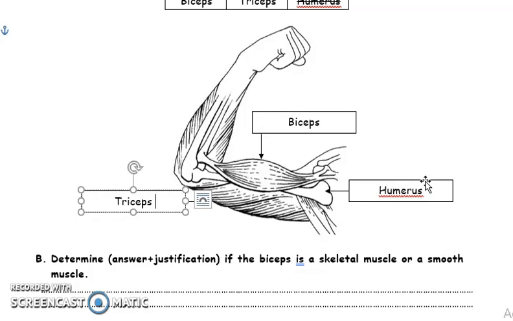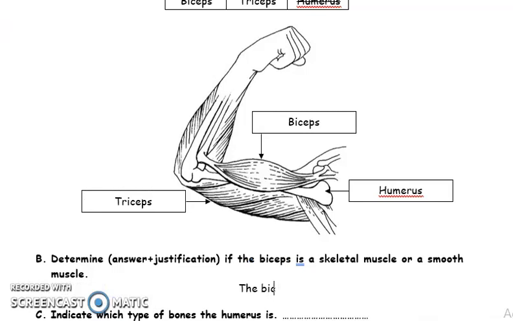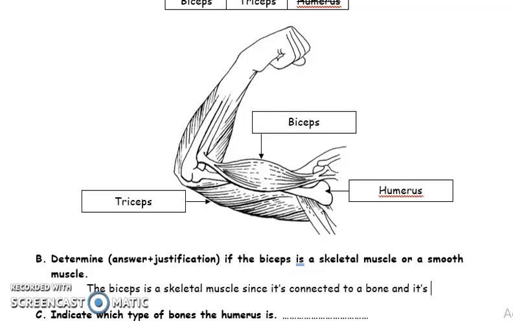Let's try to move the muscles of our upper arm. We can control their movements. They are voluntary. So the biceps is a skeletal muscle since it is connected to a bone and it is a voluntary muscle.